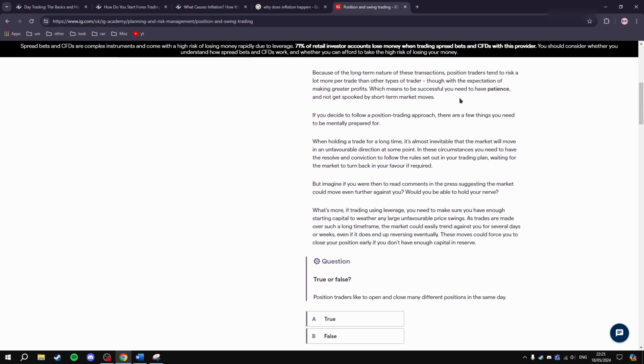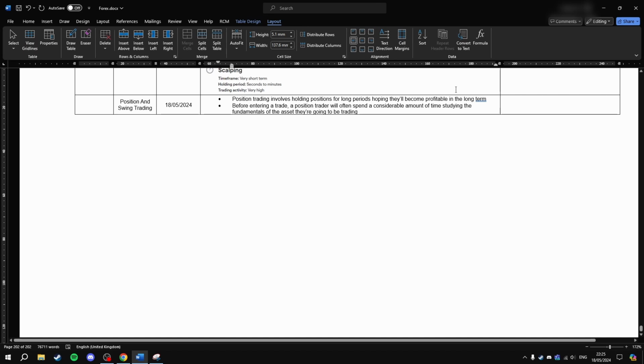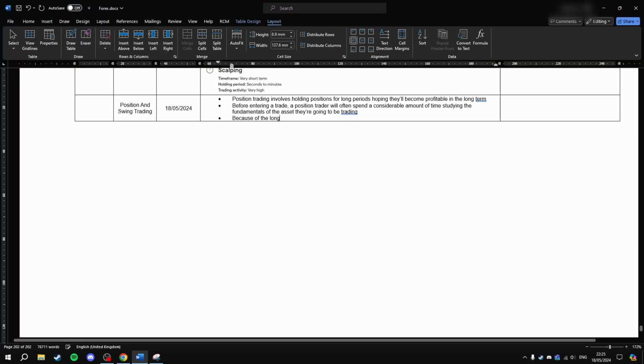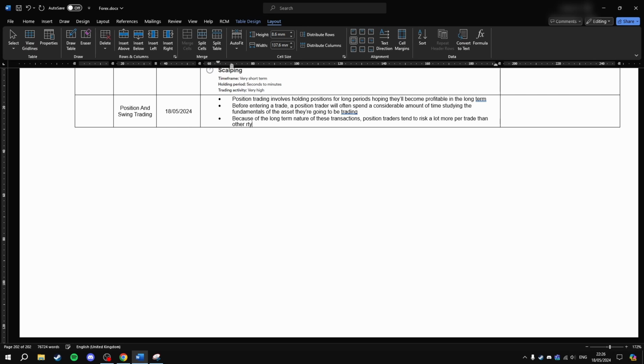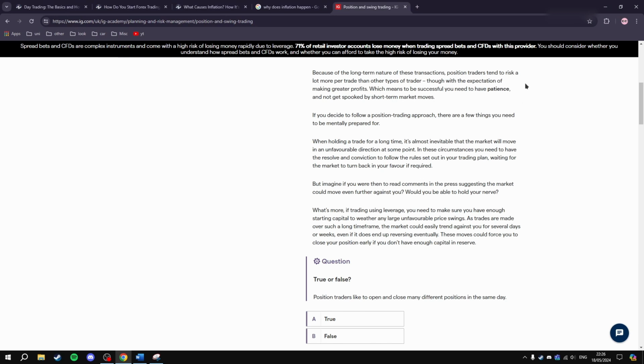Because of the long-term nature of these transactions, position traders tend to risk a lot more per trade than other types of trader, though with the expectation of making greater profits.